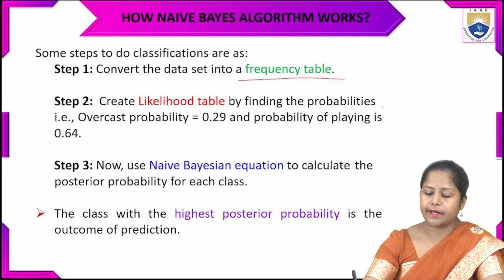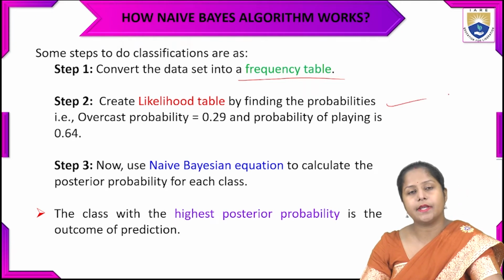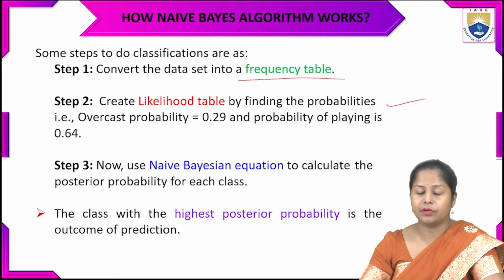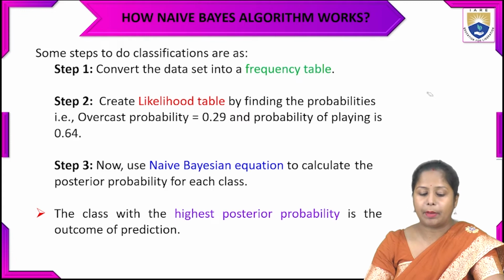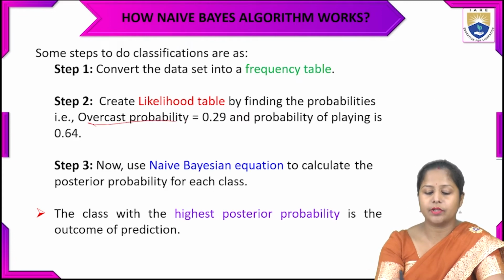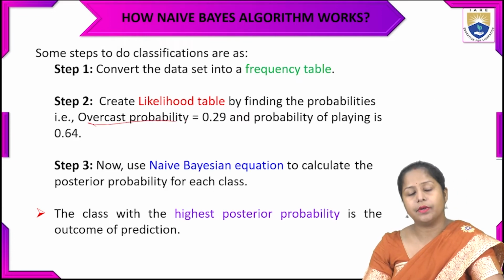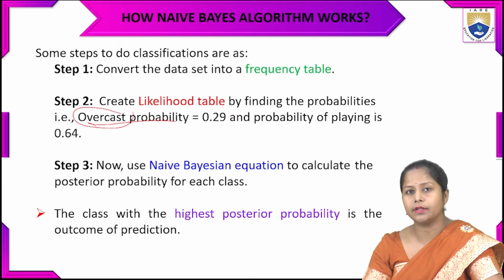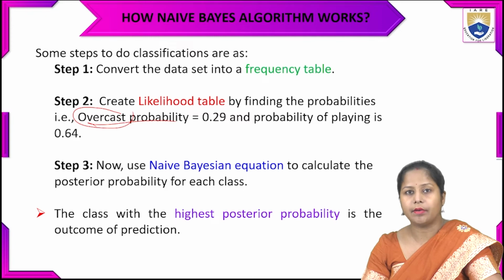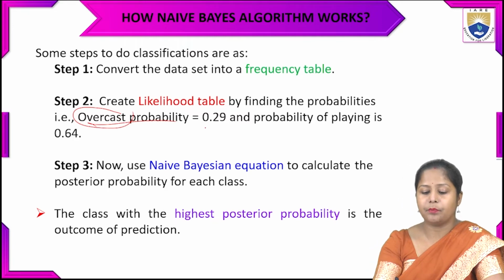Next, the second step will be there. In the next step, we have to create the likelihood table. So the likelihood table will be there. We have to find out the probability, that is the overcast probability. So that was the weather type overcast. So for that, the probability we got was 0 plus 4 divided by 14, that comes as 0.29.